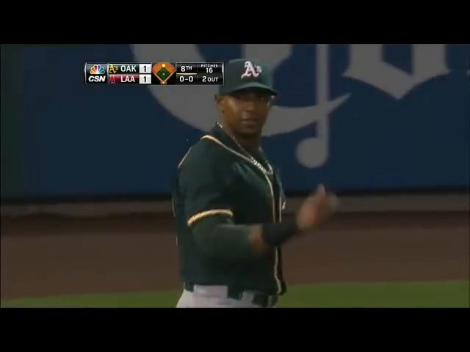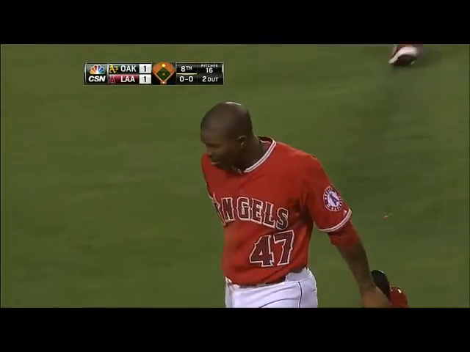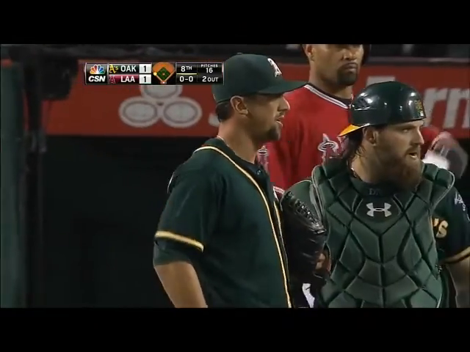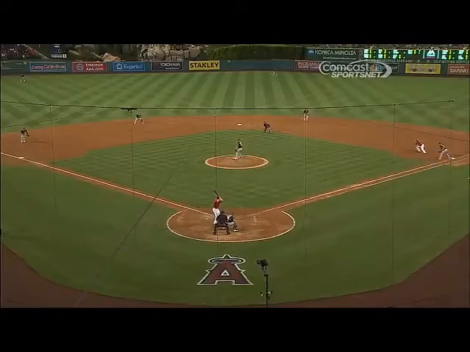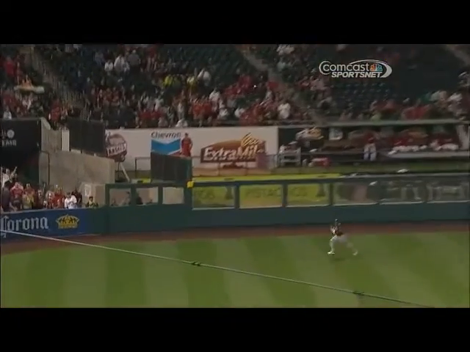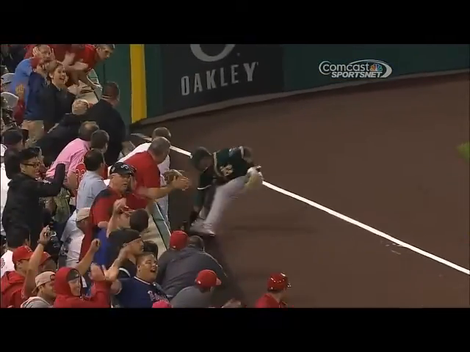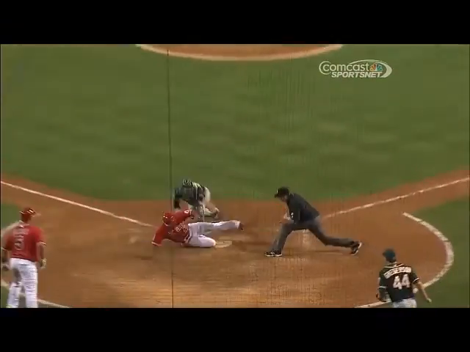Cespedes did not pick it up cleanly, and when he finally did, he threw it all the way in the air, and Kendrick was out at the plate. And Scioscia's out to argue. Now, ball goes off his glove, and then he kind of hesitated. He was getting ready to throw and then realized, I've got to throw. And you talk about a throw. They're going to look at the play.